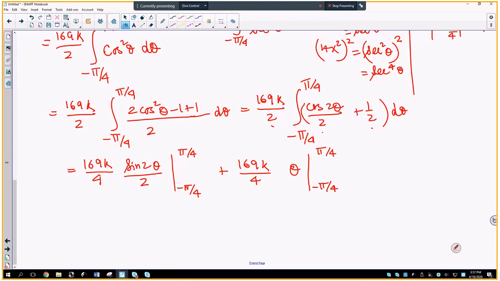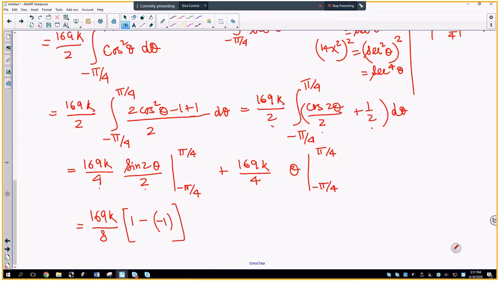Let's see what we get. So when we do sine of 2 theta, and theta is pi over 4, I get sine of pi over 2. And remember, that is 1. This 2 on the bottom I will multiply with 4, and I will get 169k over 8. As I said, upper limit will be sine pi over 2, so 1 minus lower limit is going to be sine of negative pi over 2, which is negative 1.